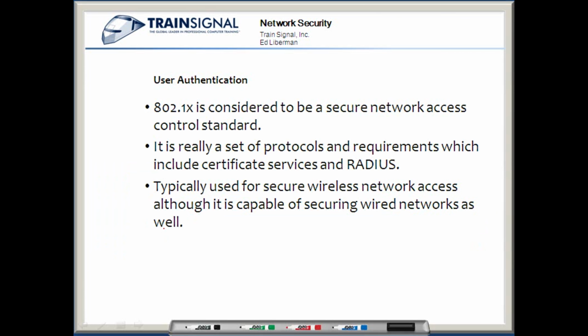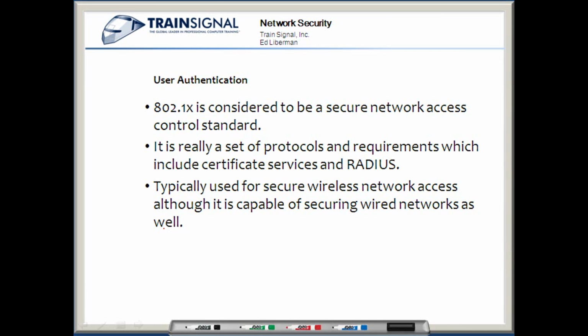Now, coming back to that topic of user authentication, we have something called 802.1x, which is considered to be a secure network access control standard. It's not really a protocol as much as a standard. It's really a set of protocols and requirements, and what's included with it is the use of certificates, certificate services, and RADIUS.